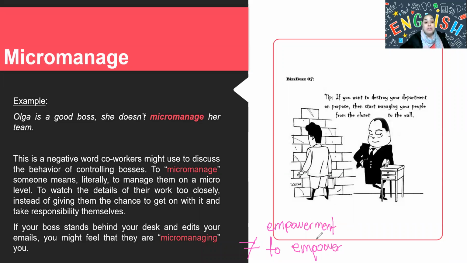Okay, that's what I'm referring to. If your boss stands behind your desk and edits your emails, you might feel that they are micromanaging you. If your boss is not letting you decide or do anything by yourself, you're being micromanaged. So this is something that shouldn't happen.